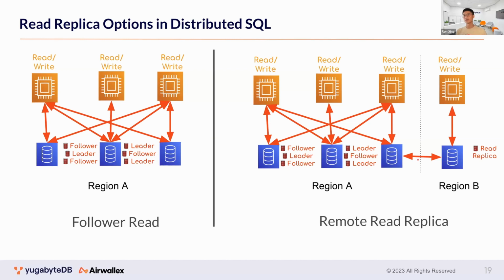The replication is done through the Raft consensus algorithm, but the node here is not voting in Raft. It just receives the transactions, the data. This architecture is what we call the remote read replica. By using these two ways, you can serve your read-only requests in the same region, or in a different region for lower latency, right?